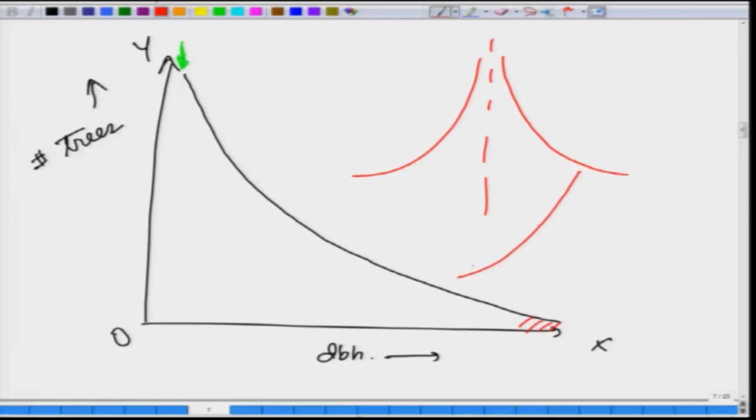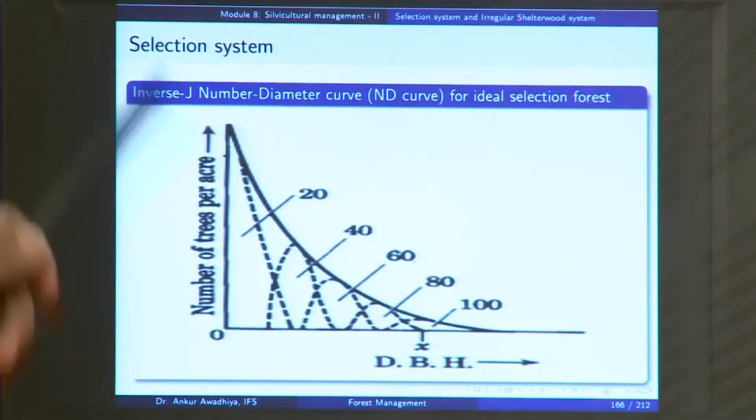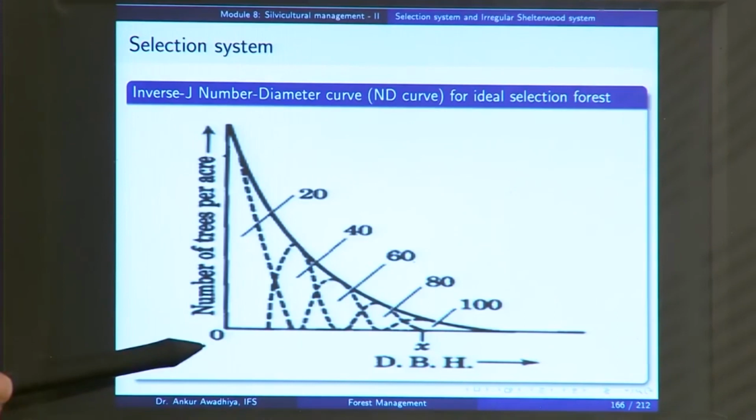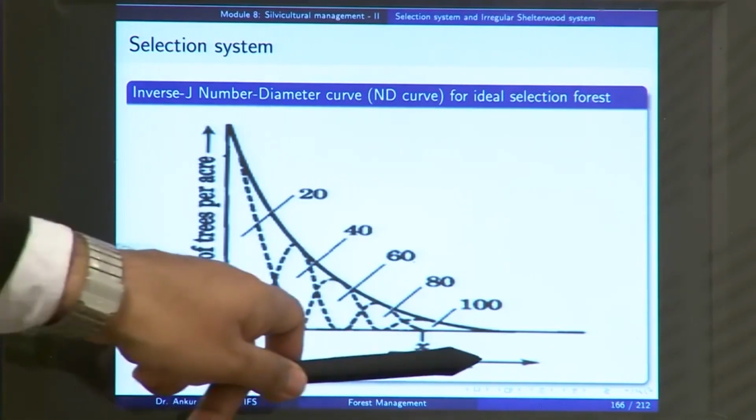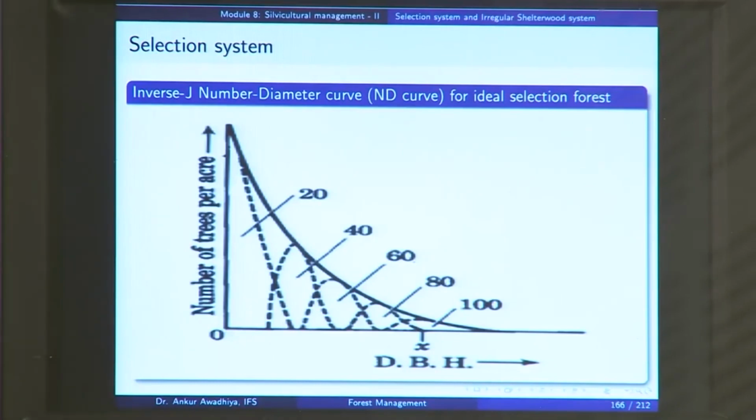So, this is the shape that we get in the case of a selection forest, and this is known as the ND curve. N is the number of trees per acre or per hectare that you plot on the y axis, and D is the diameter of these trees that you plot on the x axis in the form of the DBH.